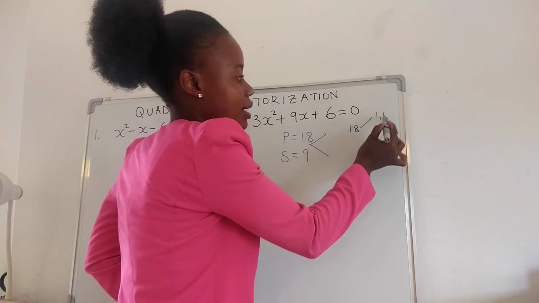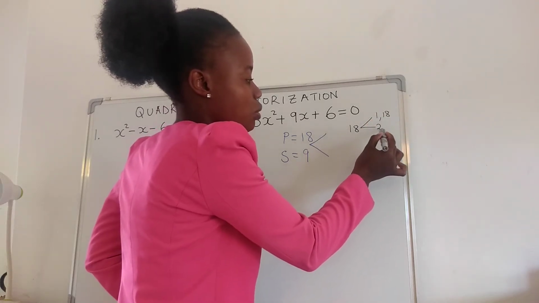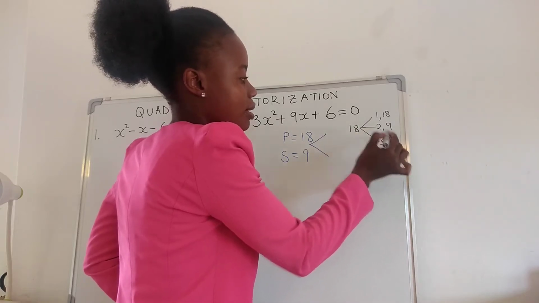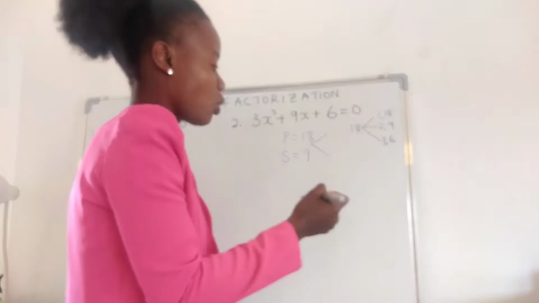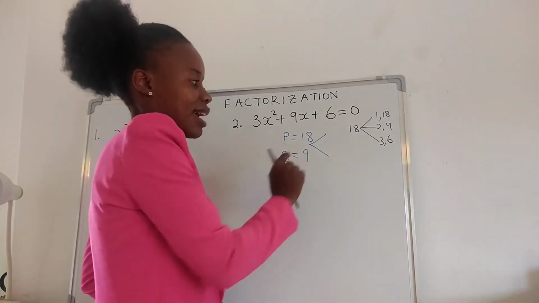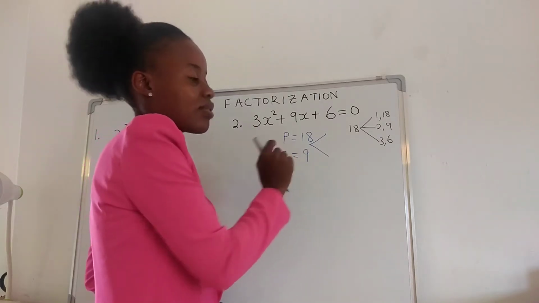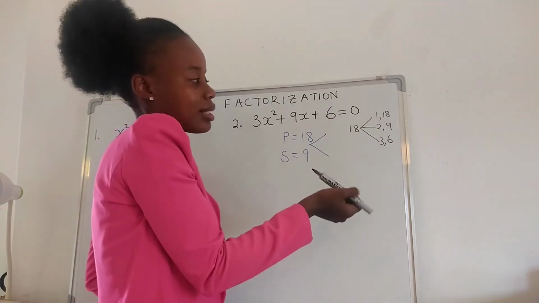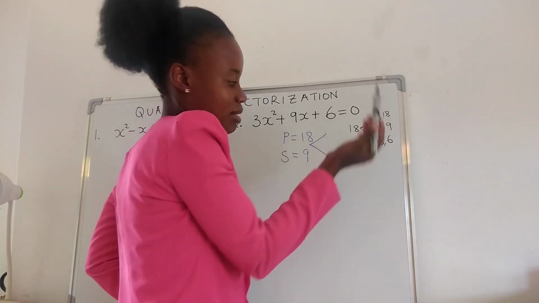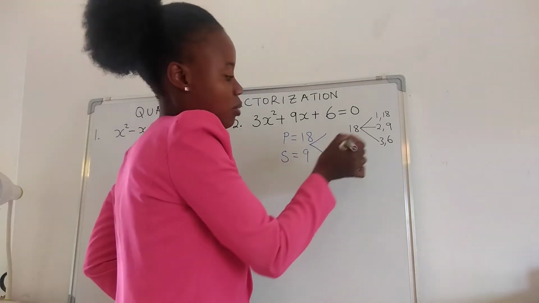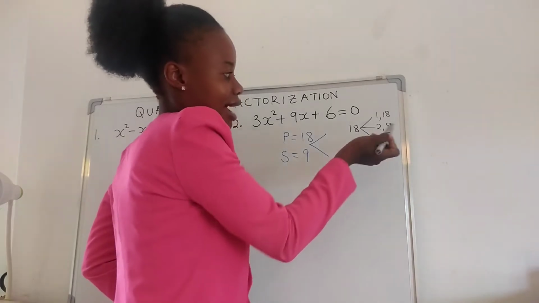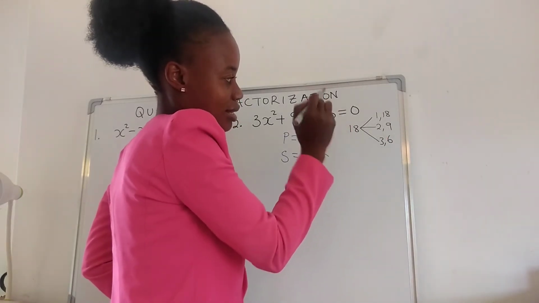So we have 1 and 18, this is a pair. 2, 9 is another pair. 3, 6 is another pair. Okay, so we want the one that when we add them, they give us 9, or when we subtract them, they give us 9. 18 plus 1 is going to give us 19. 18 minus 1 is 17, so it's far away from 9. 2 plus 9 is 11. 9 minus 2 is 7.